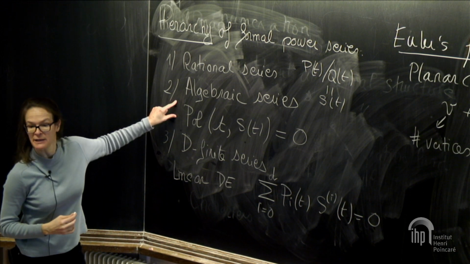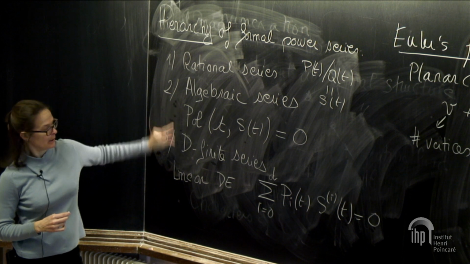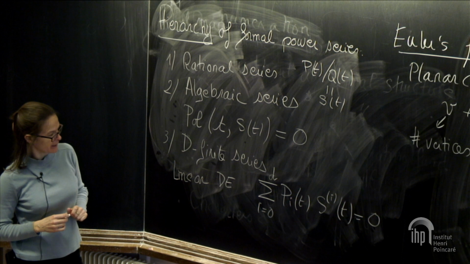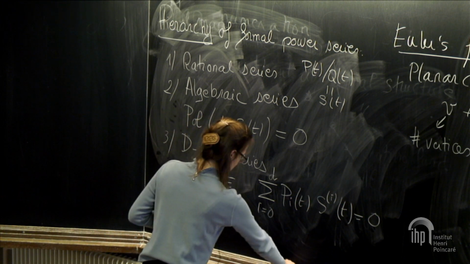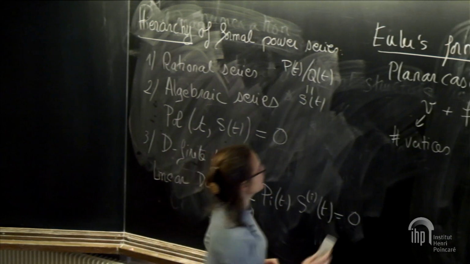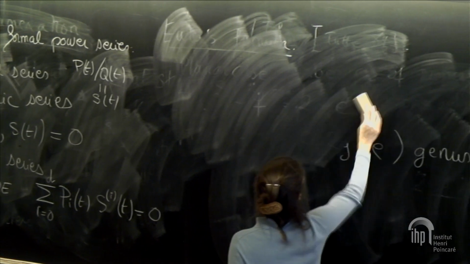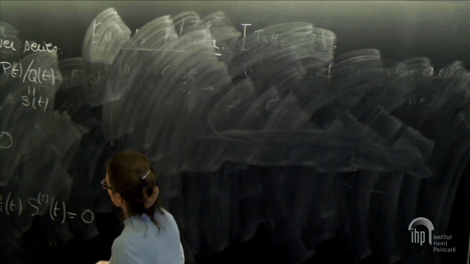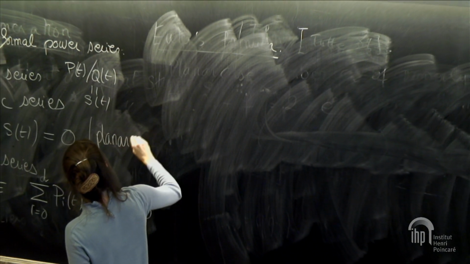And it can be proved indeed that every algebraic series belongs to the D-finite world. So this is indeed a larger class, still manageable, say, from an effective point of view. So say this is the world in which planar maps live.